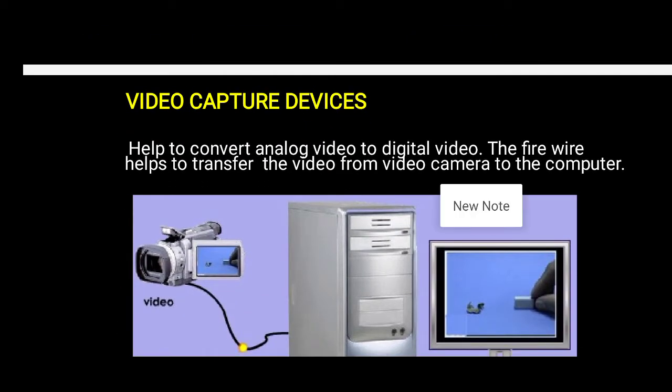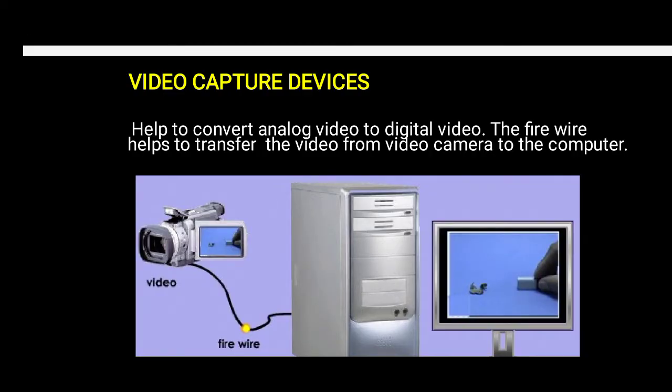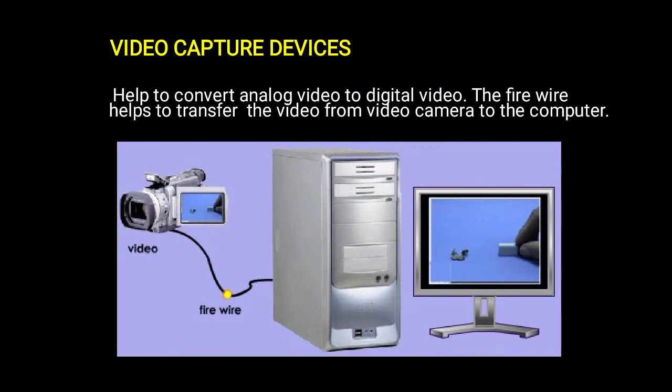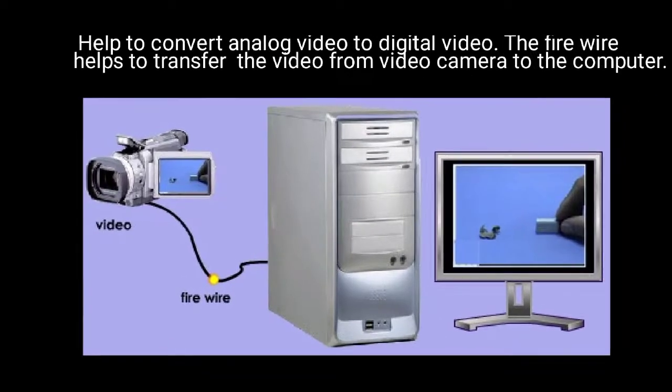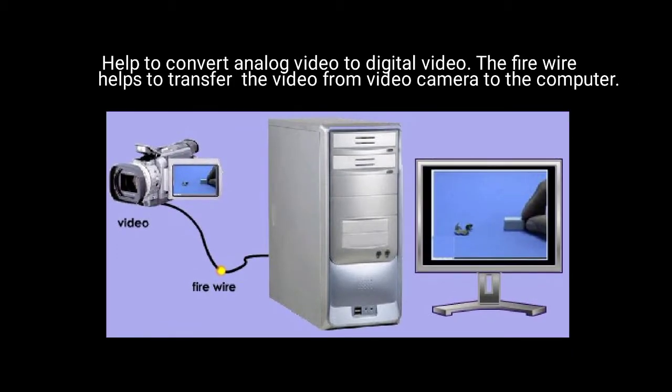Next one is the video capturing device, which helps to convert analog videos to digital videos. The FireWire helps to transfer the videos from the video camera into the computer. Here the videos may be converted, or the video may be saved in the system.